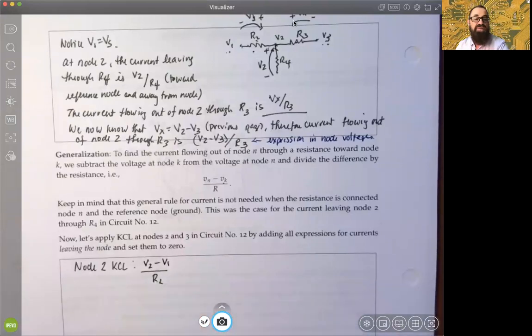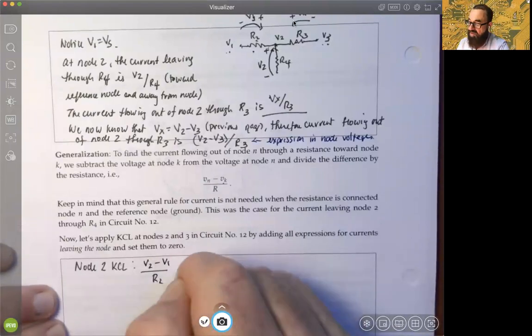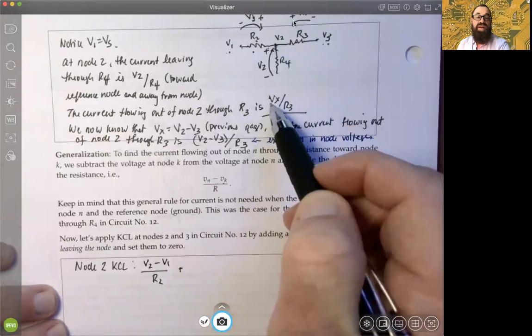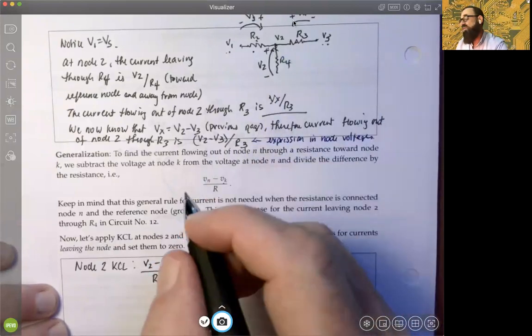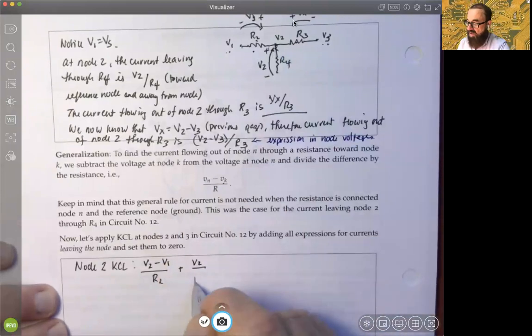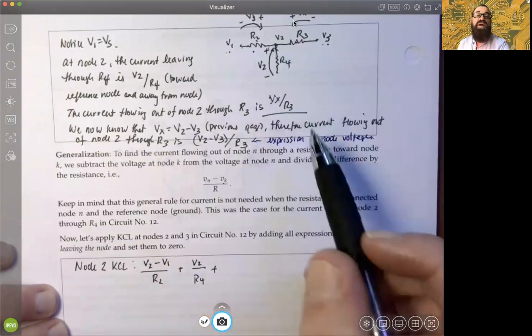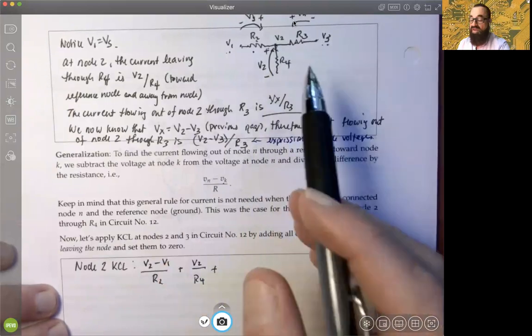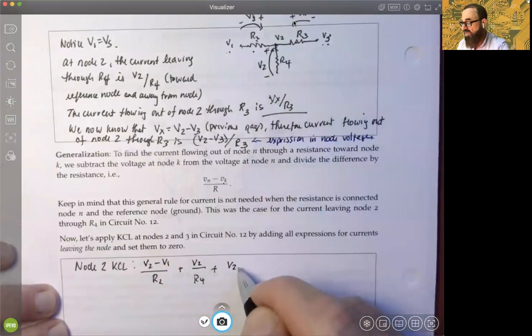That's using our generalization. Then you have the current that leaves the node and goes right to ground. That's simply V2 minus 0, or simply V2 divided by that resistance. And then you have the current V2 to V3 divided by R3. And you have an equation.